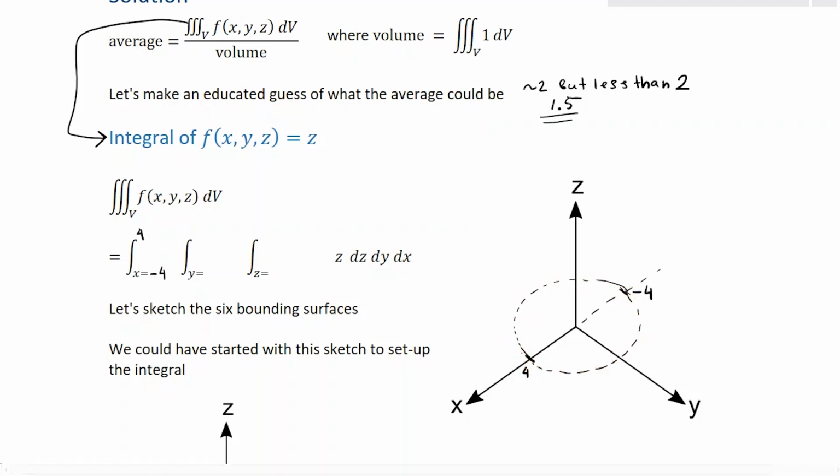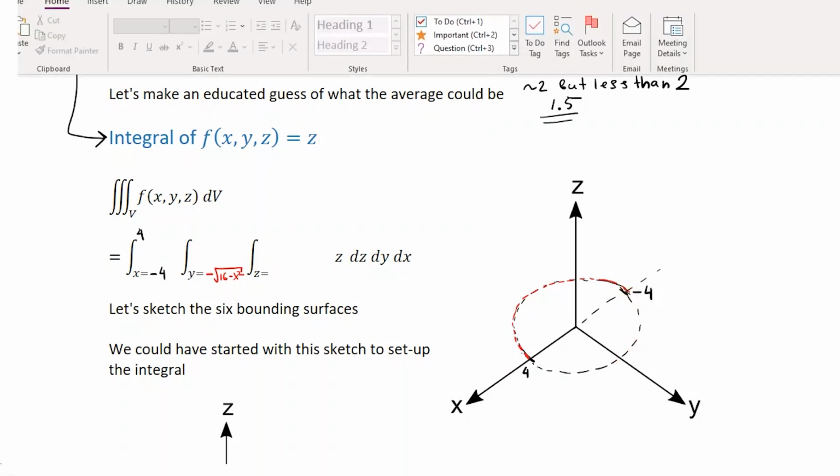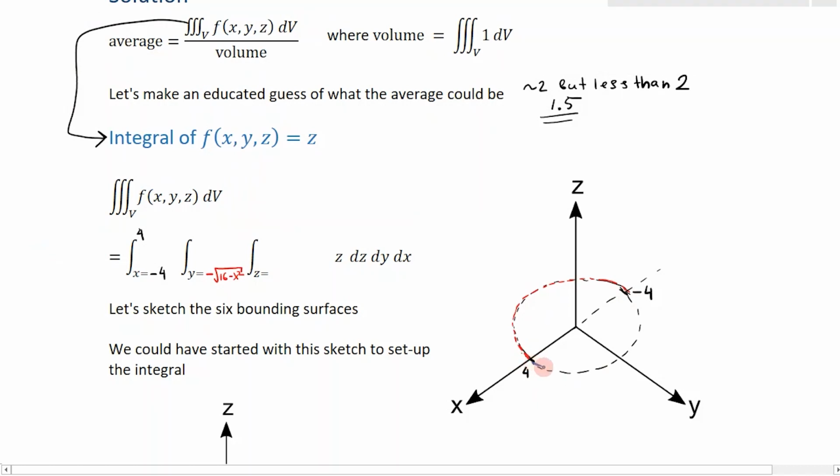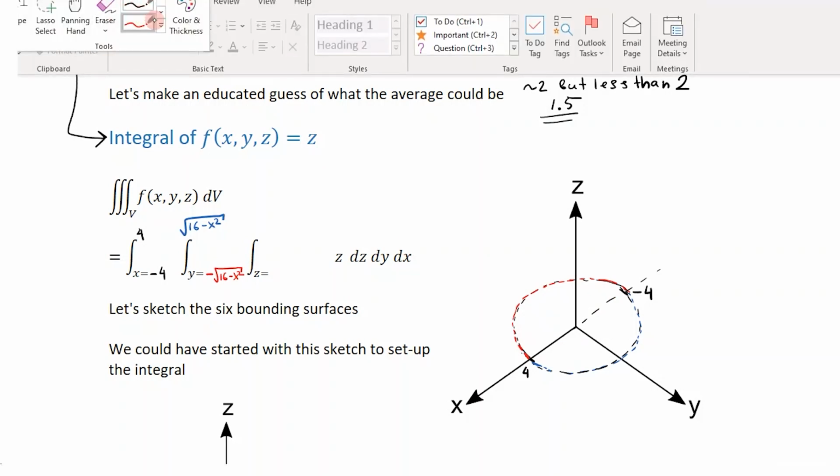So I will describe the bottom semicircle first: negative square root of 4 squared minus x squared. The top semicircle would be square root of 4 squared minus x squared. So integrating like this, if I don't look at this integration, what I'm essentially integrating over is this base of the sphere.